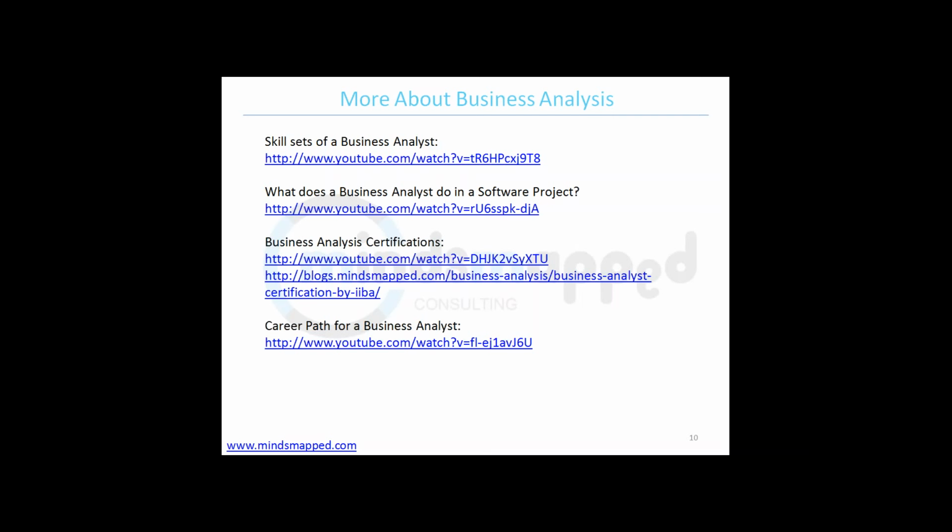So these are the kind of skill sets that are needed in a business analyst. You don't really have to be a technical person. If you have technical knowledge, it's always an added advantage, but you don't really have to be a technical person to be a good business analyst, all right? And sometimes some of the organizations hire you because of your domain knowledge. So if you have an expertise in, say, insurance or banking or accounting, like one of us has, that would be an added advantage for you.